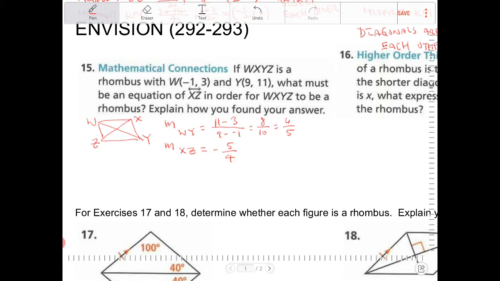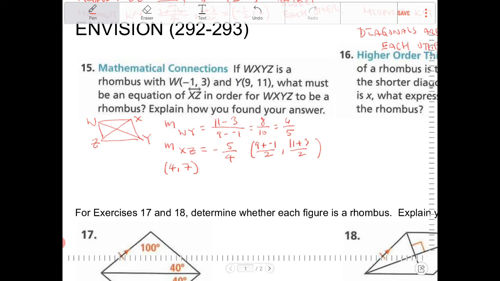Then we've got to find the midpoint of WY, because the midpoint of WY will also be the midpoint of XZ. So the midpoint will be 9 plus negative 1 over 2, comma, 11 plus 3 over 2, and the midpoint turns out to be 4, comma, 7. So that's our midpoint.